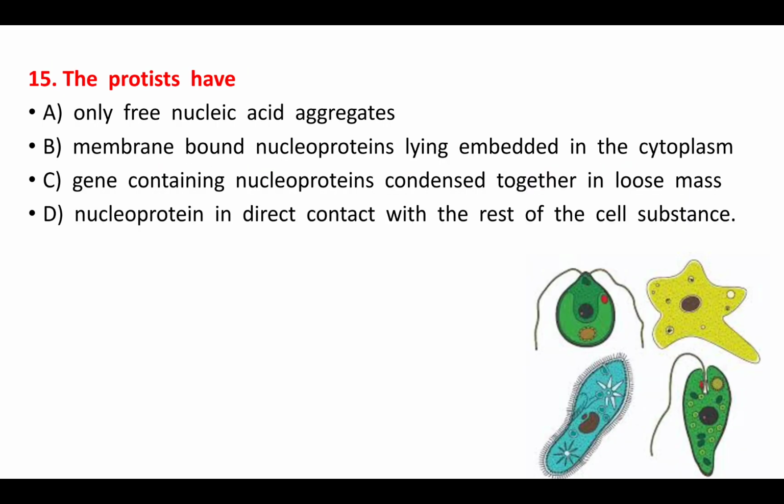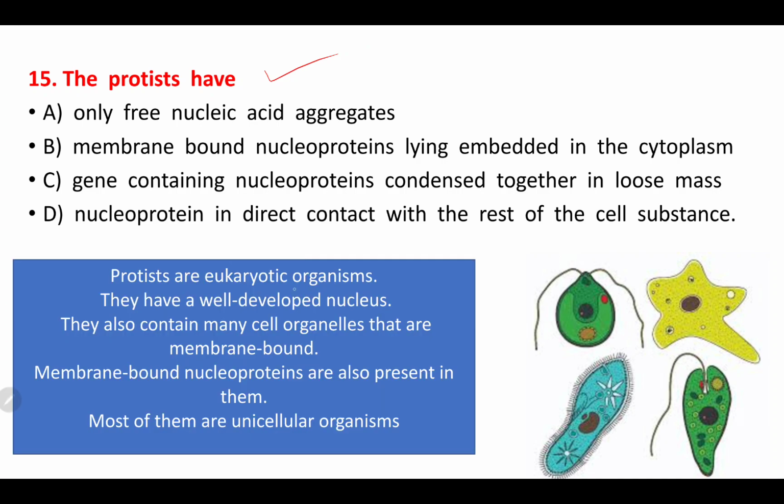Yes. Now, let us move on to the 15th question. The protists have, and they have given some options. See, protists are considered to be eukaryotic organisms, and they have a well developed nucleus, and they also contain many membrane bound cell organelles.